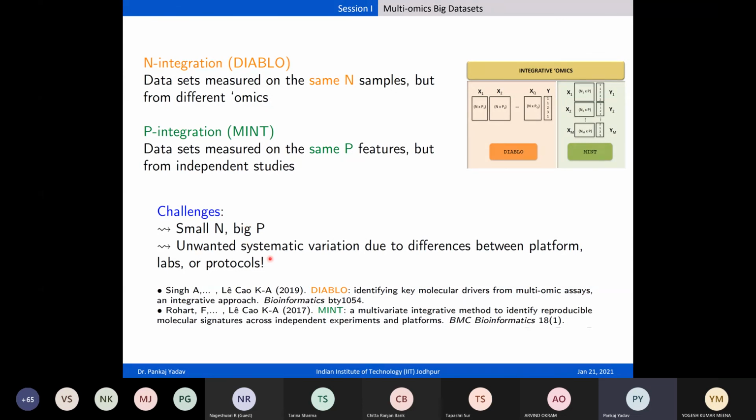We also need to handle unwanted systematic variations due to differences between platforms, labs, or protocols. So these are also many challenges. I was talking about these in the beginning when I was showing you this slide. Of course, there are many other challenges, but these are computational and technical errors that are most frequently observed.